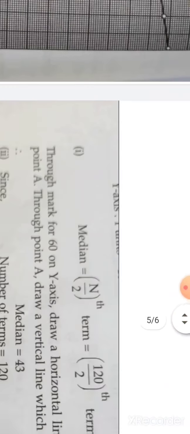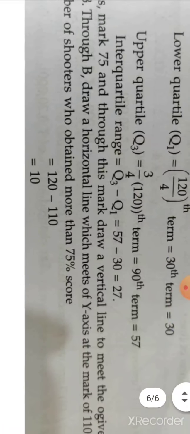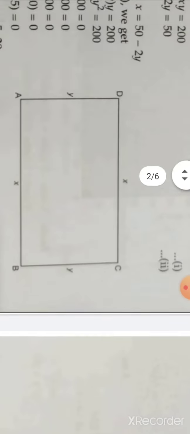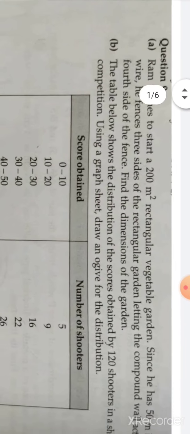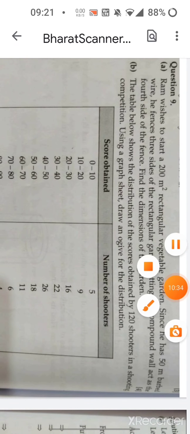But the total number of shooters is 120. So we have to subtract 120 minus 110. So the number of shooters who obtained more than 75% is 10. This way we have solved both the parts of question number 9.